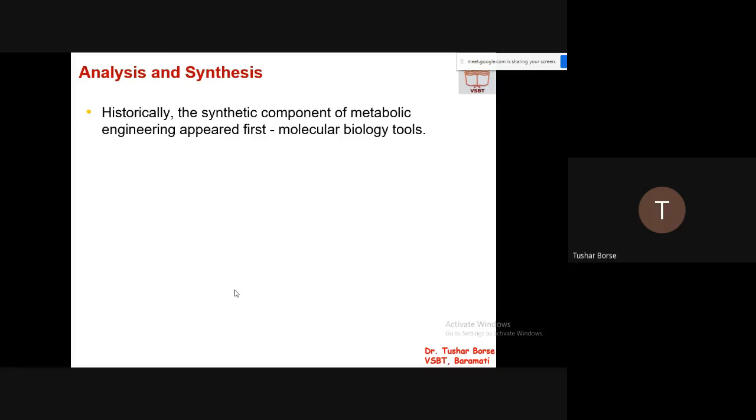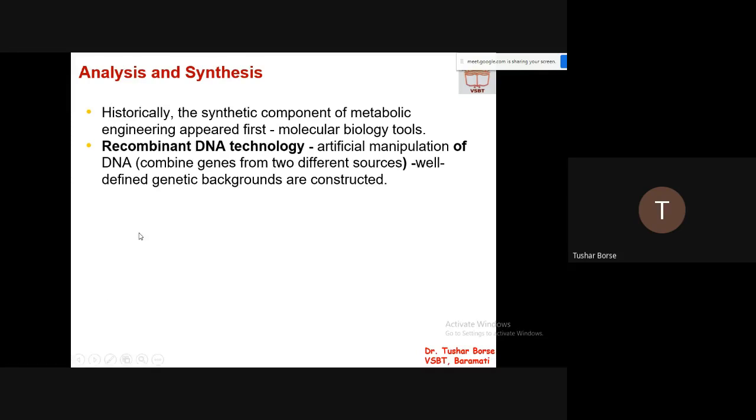So the synthetic component involved in metabolic engineering first appears to be the molecular biology tools that you are using. Okay, it means the different methods and techniques used in molecular biology and genetic engineering, all those things compose the synthetic component of your metabolic engineering. Okay, so that is what I told you, recombinant DNA technology. So what we are doing is we are trying to go for manipulation of the gene.